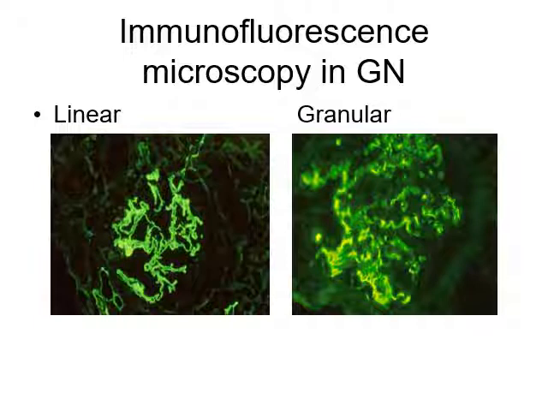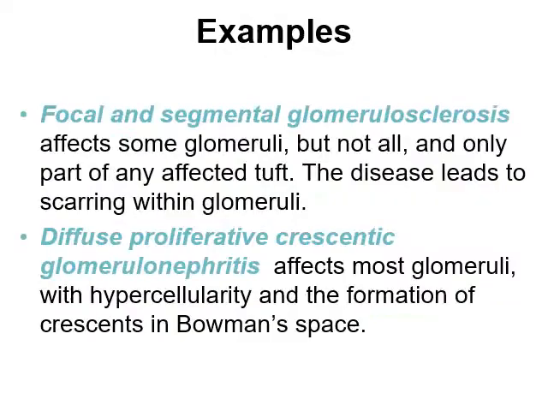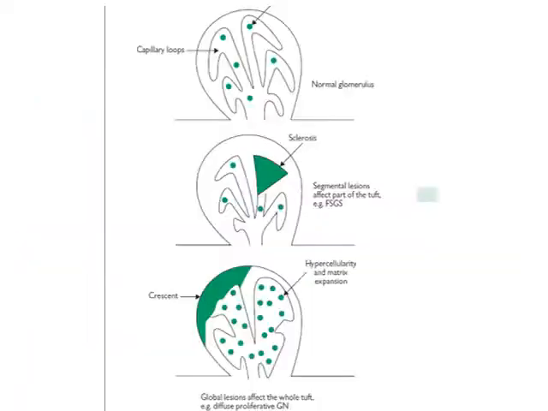This is a spot, this is another spot, and another spot. So it is in spots or granules, as in immune complex diseases: lupus nephritis, post-infectious, IgA. All these will develop granular deposition. And these are examples for the terminology.